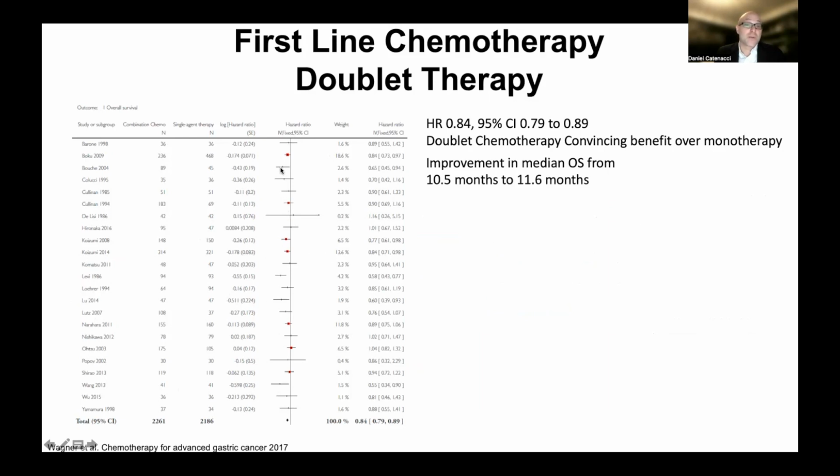Some studies were showing benefit, but adding them all together, weighted by the numbers of patients enrolled, you can see that the conclusion was that there is a benefit of a hazard ratio of 0.84 with a 95% confidence interval of 0.79 to 0.89, suggesting that there is a benefit, albeit modest, in improvement in median overall survival from 10.5 months to 11.6 months by adding a second therapy.